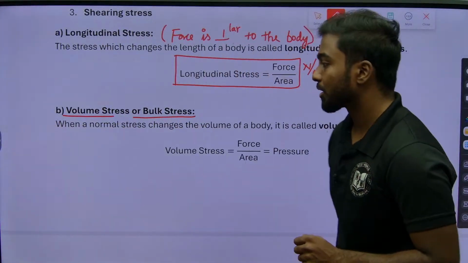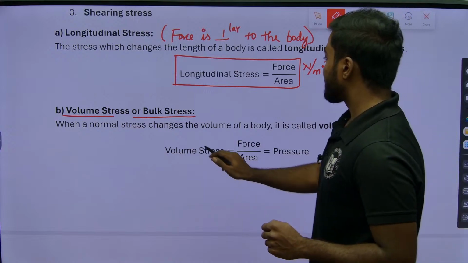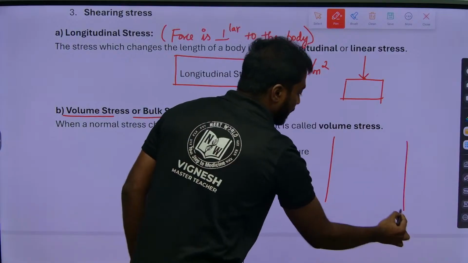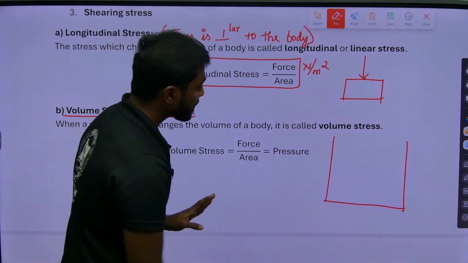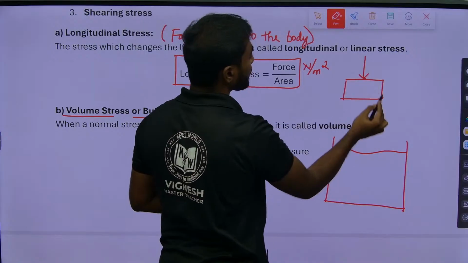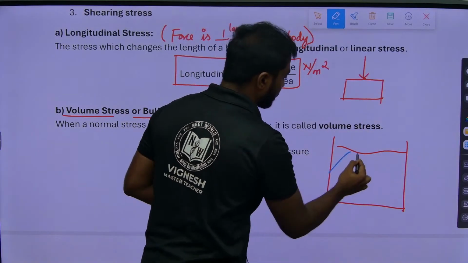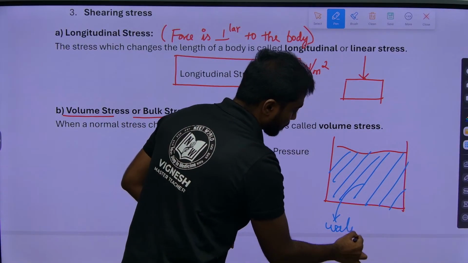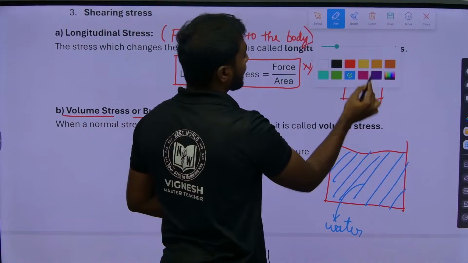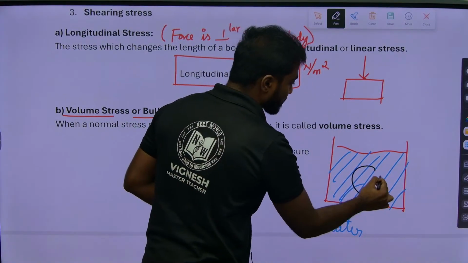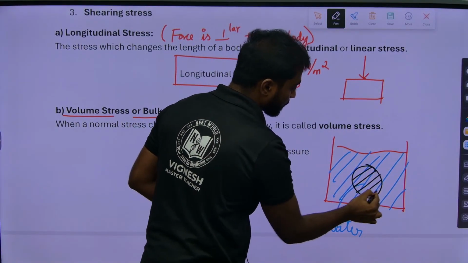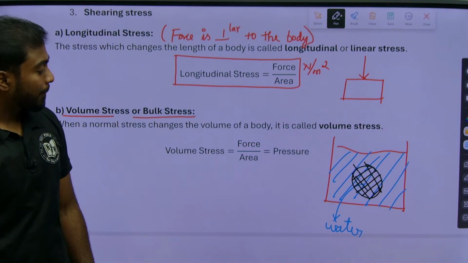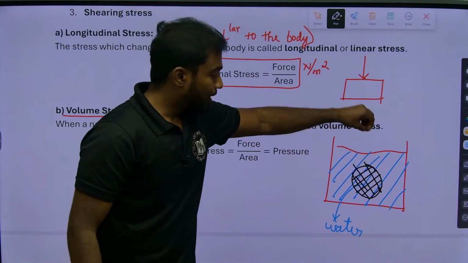Next one is volume stress or bulk stress. We mention it as the normal stress that changes the volume of a body. Simple thing, guys: a container is filled with water. Now I take a spherical object and keep it inside the container.